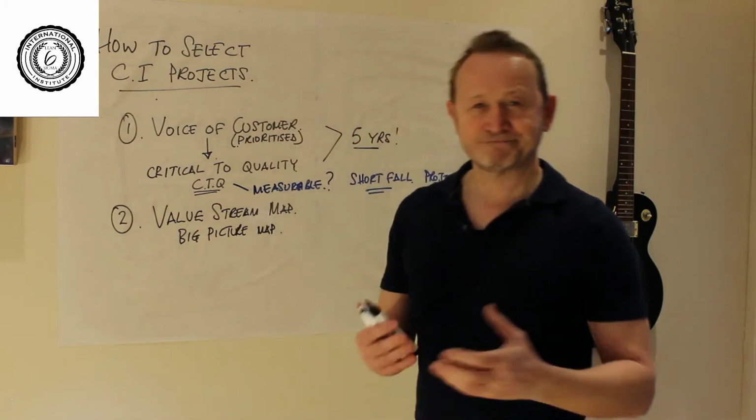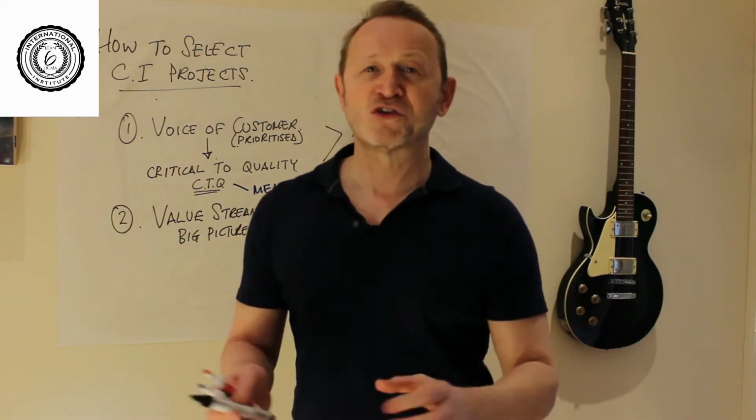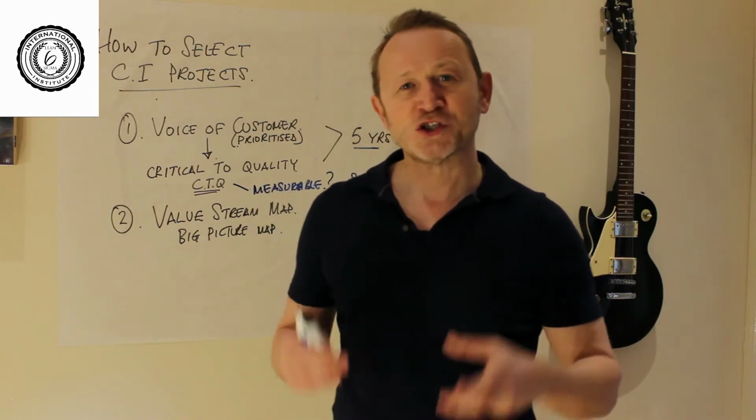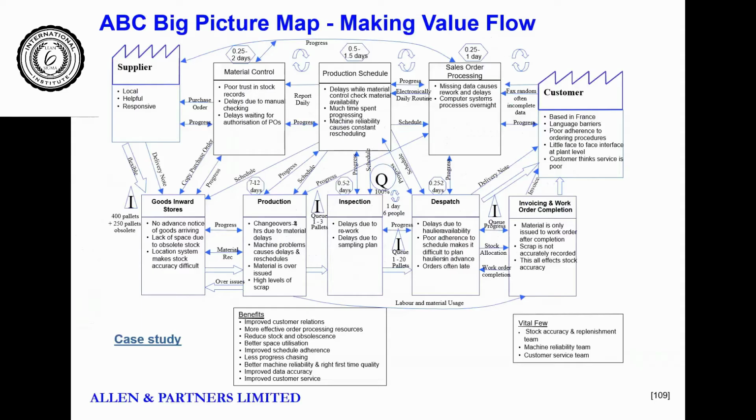Again, this is all about the customer. You are trying to map the customer experience. So if you take a look at this graphic, here is a little example of a big picture map. What the big picture map is showing you, what it's measuring, is the customer experience. And what it's designed to map is one order from a customer.